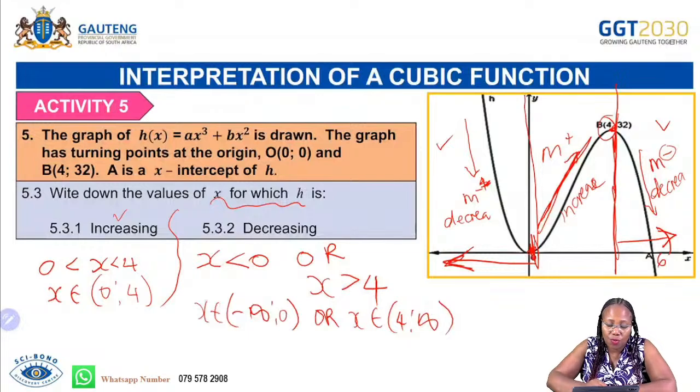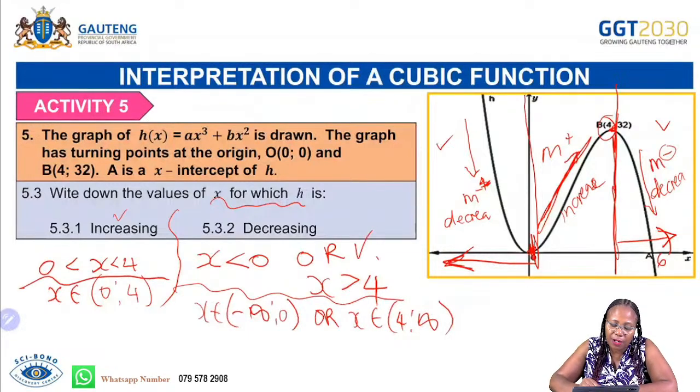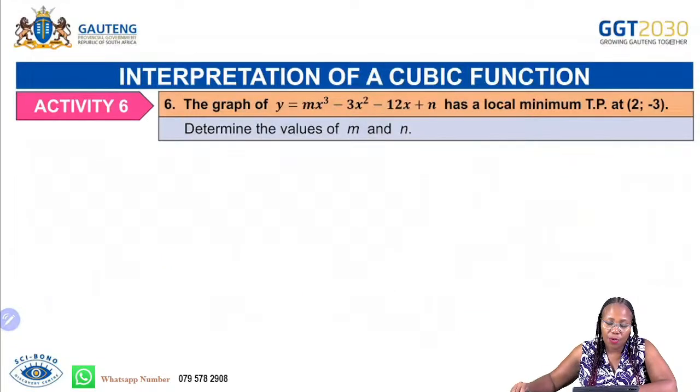So those are the two alternative notations that you can use, but I prefer the top one. It looks easier for me, but choose the one that is easier for you. You are not restricted to any method. Great job.